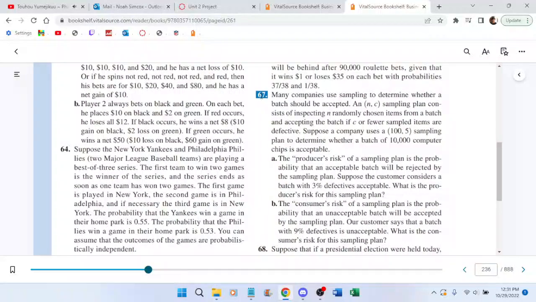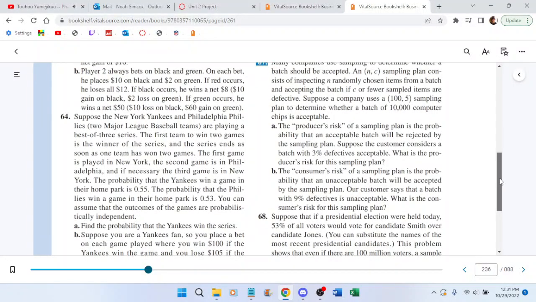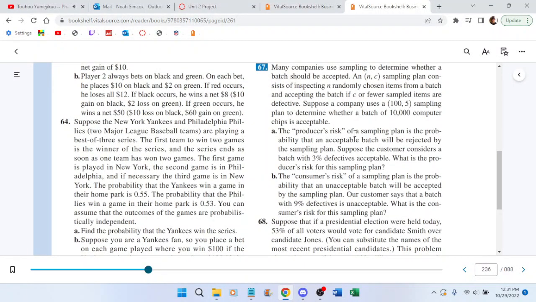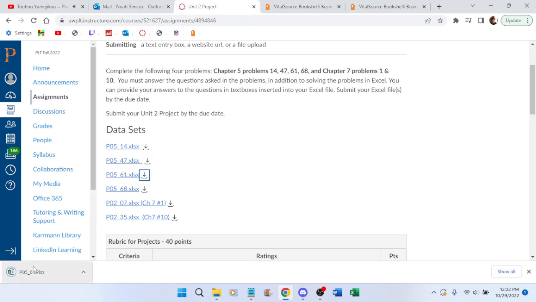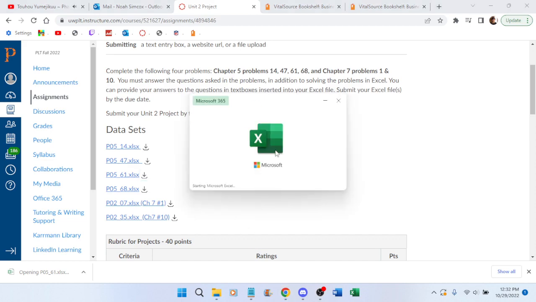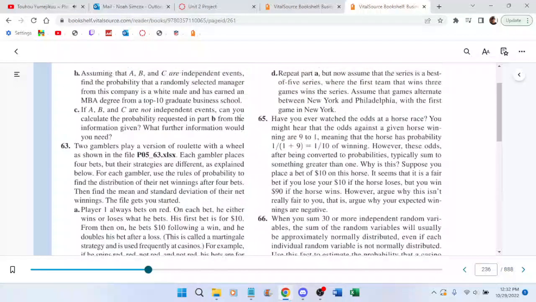Finally, we got 67. Why is it blue? Oh, I accidentally skipped to 67.